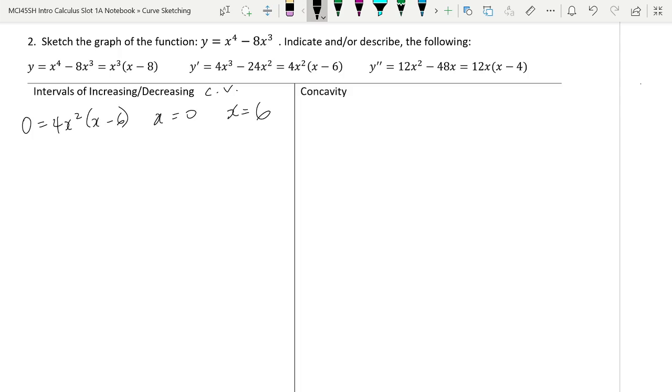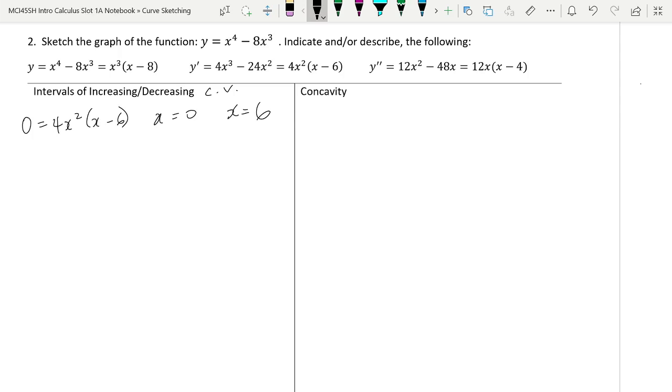I think the reasoning is that it reminds you that the possible critical values can be where the function doesn't exist. So the first derivative exists everywhere, right? This is just a cubic. So there are no other potential critical values.